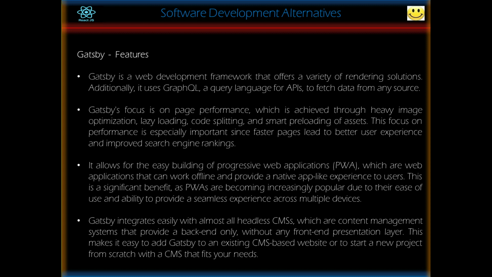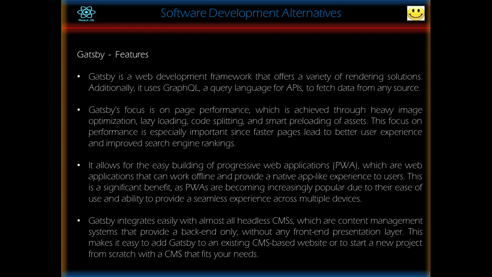Gatsby allows for the easy building of progressive web applications, which are web applications that can work offline and provide a native app-like experience to users. This is a significant benefit as progressive web applications are becoming increasingly popular due to the ease of use and ability to provide a seamless experience across multiple devices.